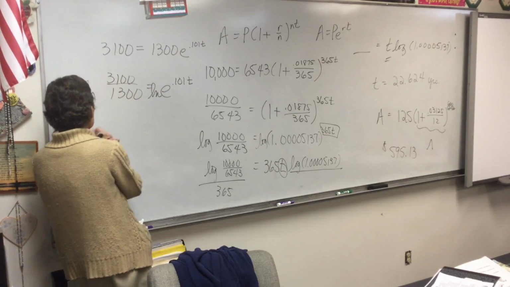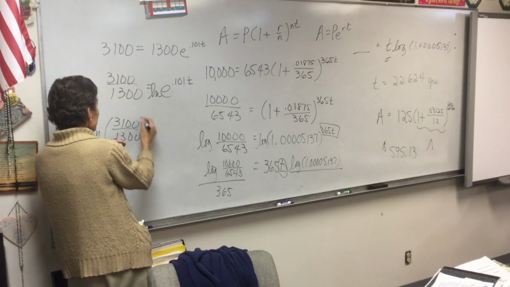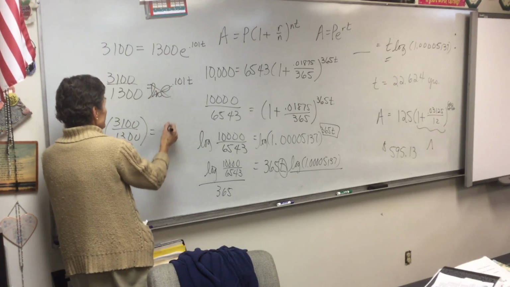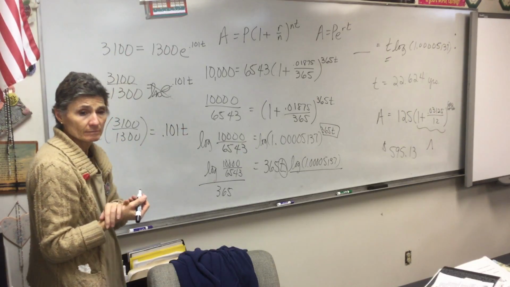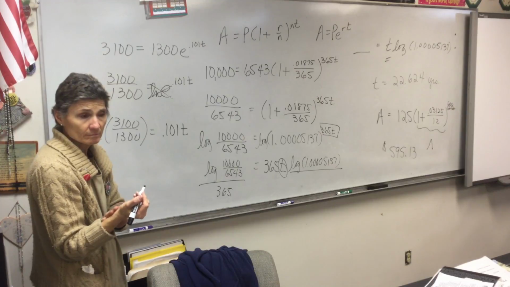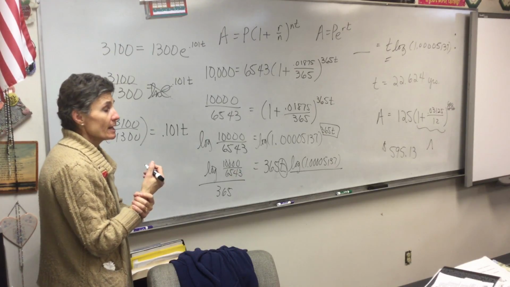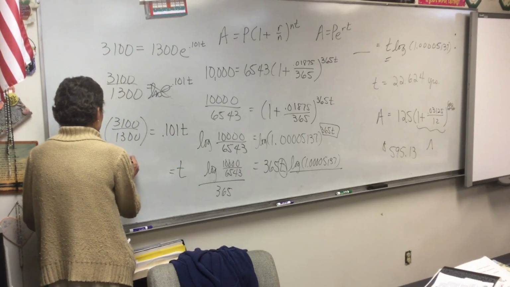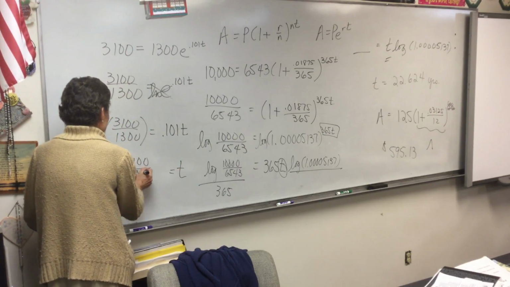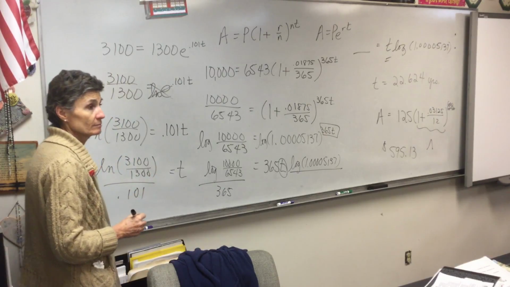And here is the beautiful, beautiful thing. When you ln and e, they cancel, so 0.101 t. And we'll get our answer by taking ln 3100/1300 and dividing that by 0.101.